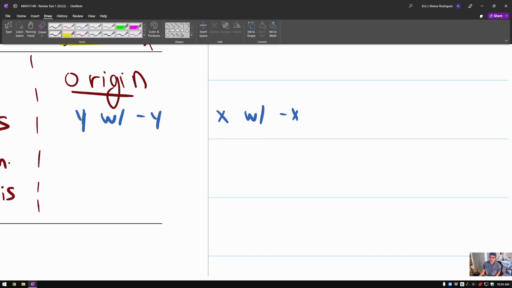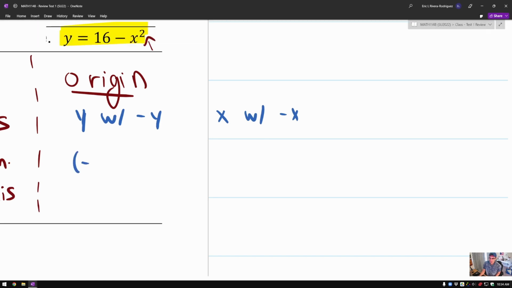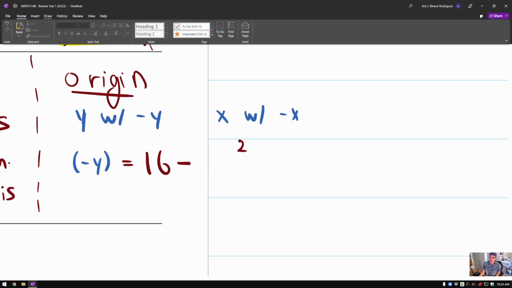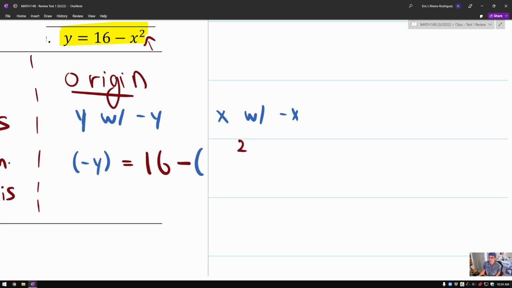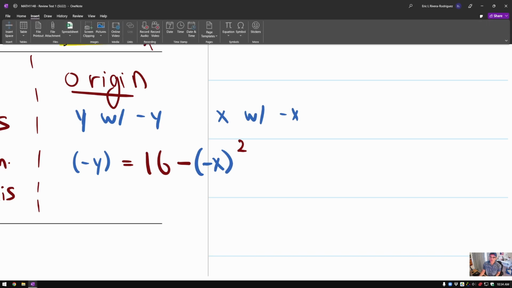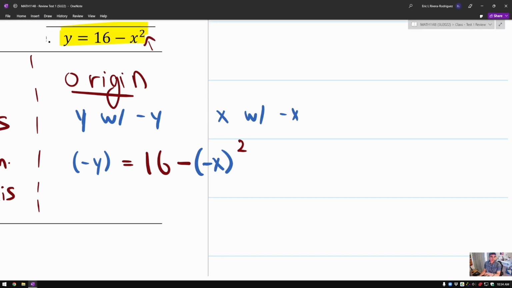So I'm going to start with y because I have it on the left side. Then equals 16 minus, let me put the square here, and then I have x, but I want to use its opposite value. And then what I want to do is simplify. There's not much to do here because we already did it.